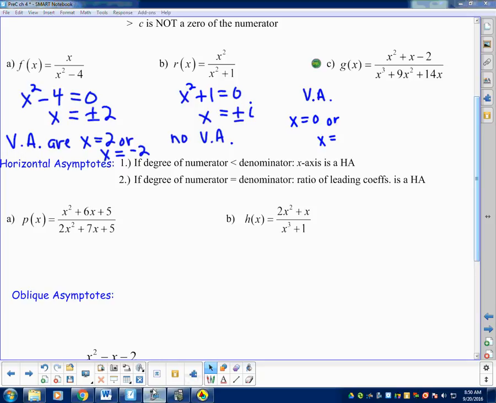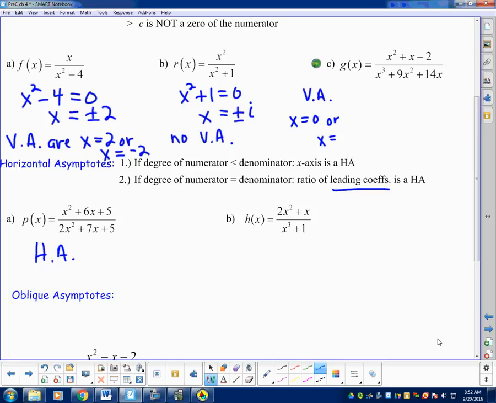Let's look at our examples. So we have this one right here, A. Which category does this fall into, number 1 or 2? 2. The degree of the numerator and denominator are the same. Okay. So what's the horizontal asymptote going to be? Yes, a horizontal asymptote is always a y equals line.